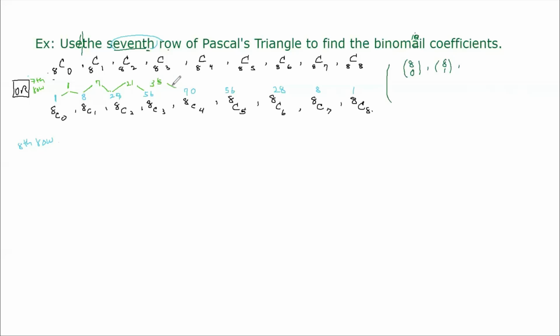And then 70 minus 35 is 35. And then from here 56 minus 35, what do we have? 21.